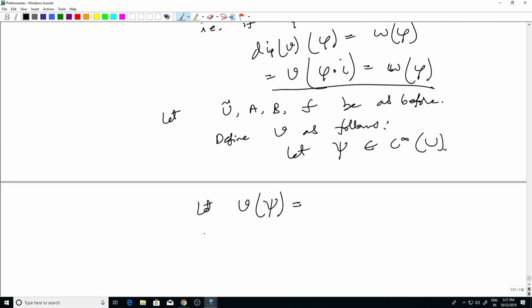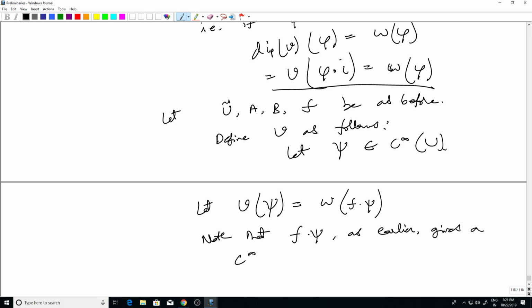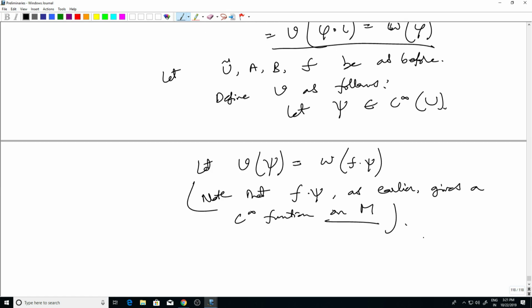So I just define it to be W acting on F multiplied by C. Note that F multiplied by C, as earlier, gives a C infinity function on M. Again, extension by 0 will give us a C infinity function.